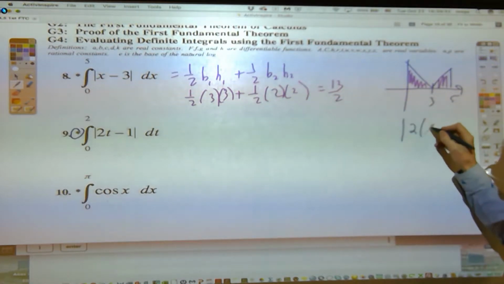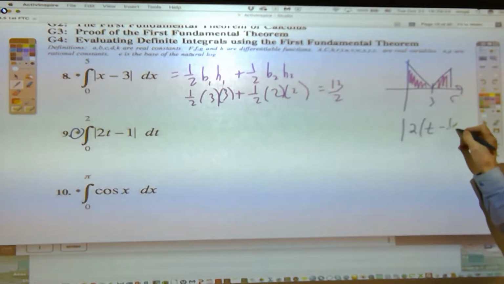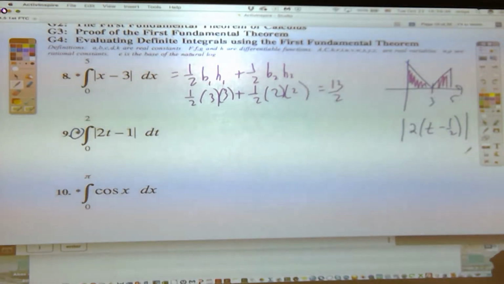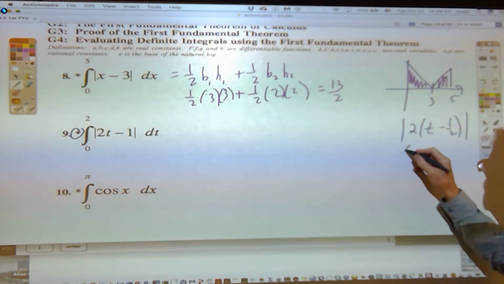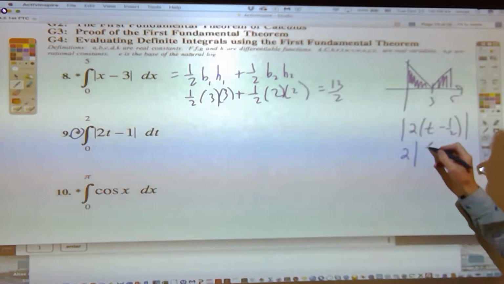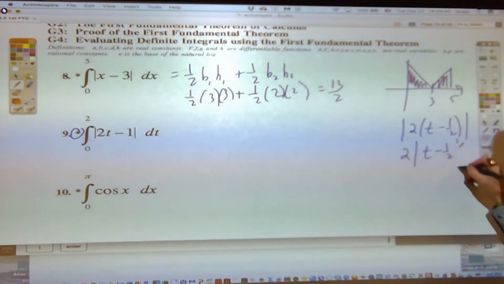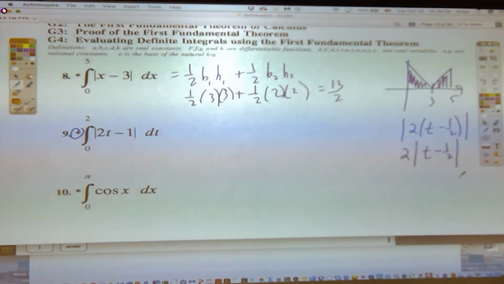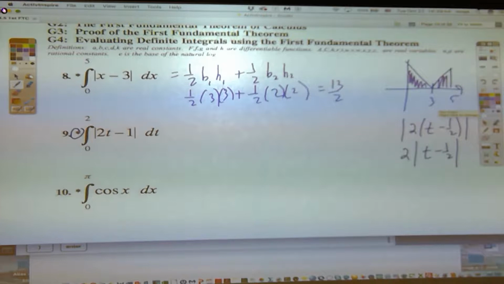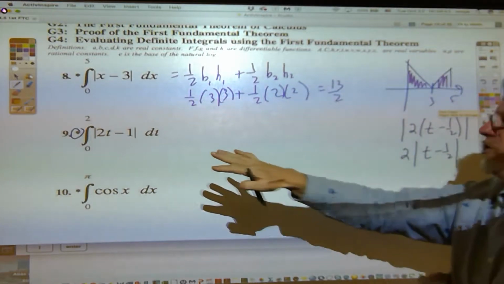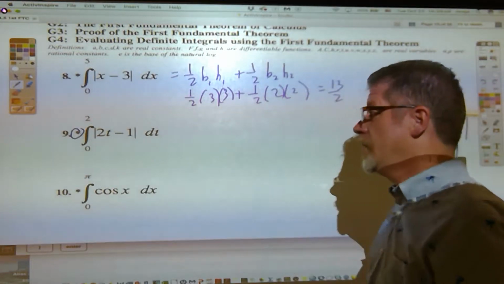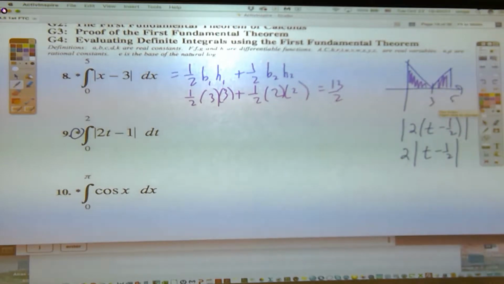So 2 times the quantity t minus 1/2 is inside the absolute value, and the absolute value of a product is the product of the absolute values. So factor out a 2, get 2 times the absolute value of t minus 1/2. So what this means is that we have a V-shaped absolute value graph with a vertex at 1/2, which you could have figured out by just setting 2t minus 1 equal to 0 and solving for t to get t equals 1/2.